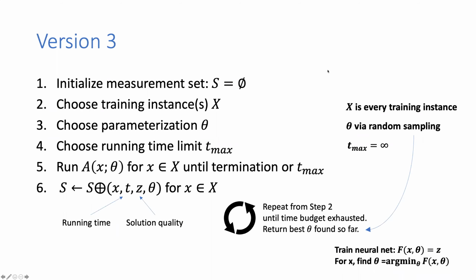So we're basically learning a proxy of this optimization problem and cost function with supervised learning, and then we minimize the neural net for any given x.